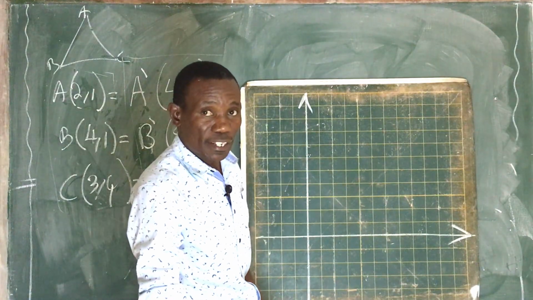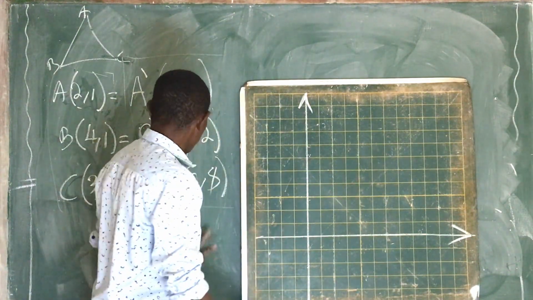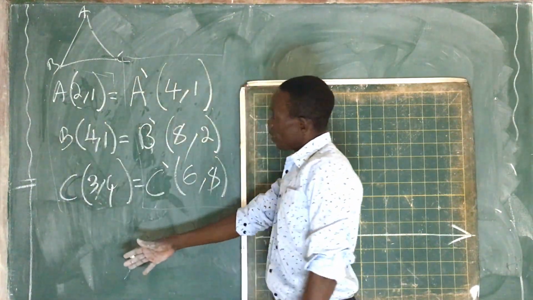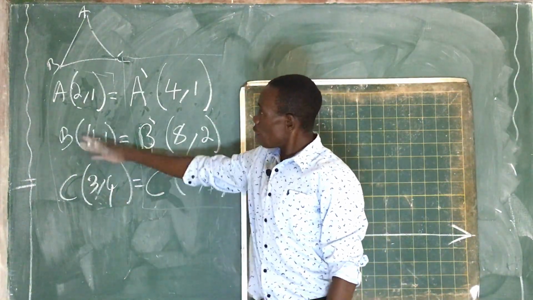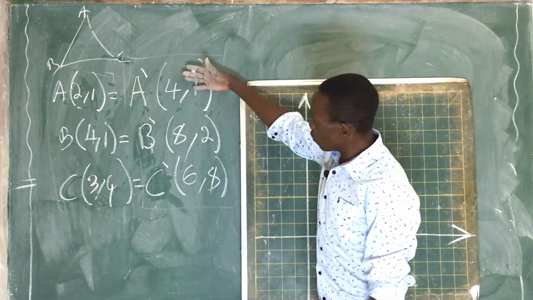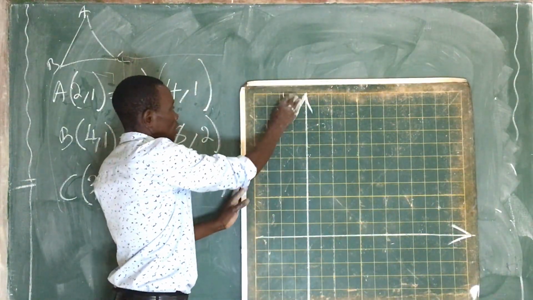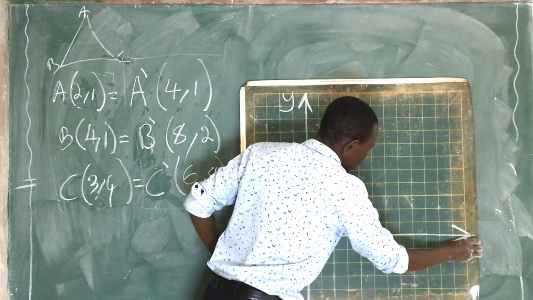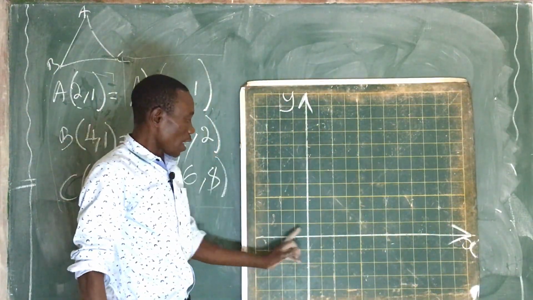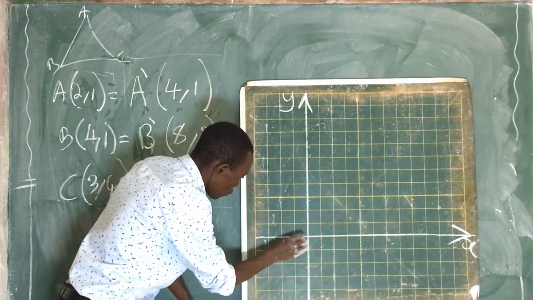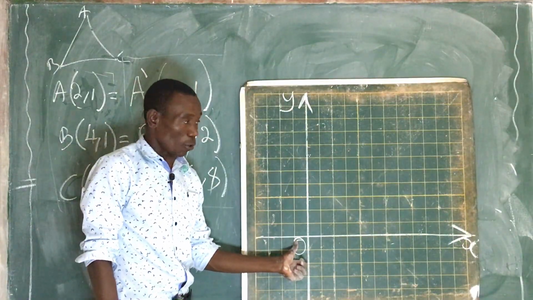So I'll insert a scale in such a way that I have all the points of the object and the points of the image. As we know, this is the y-axis, this is our x-axis. At the point where the two lines intersect, this is the origin, x0, y0.